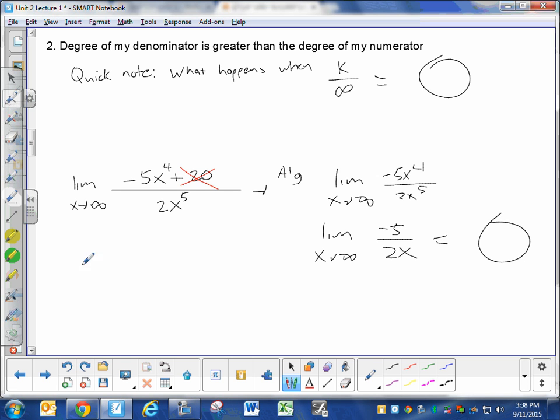Now, theoretically, and this is important because we will not be dealing with things that we can simplify algebraically, we say if we are growing slower in the numerator than our denominator, the resultant would be a fraction that would get smaller and smaller and smaller, and essentially trend towards 0.